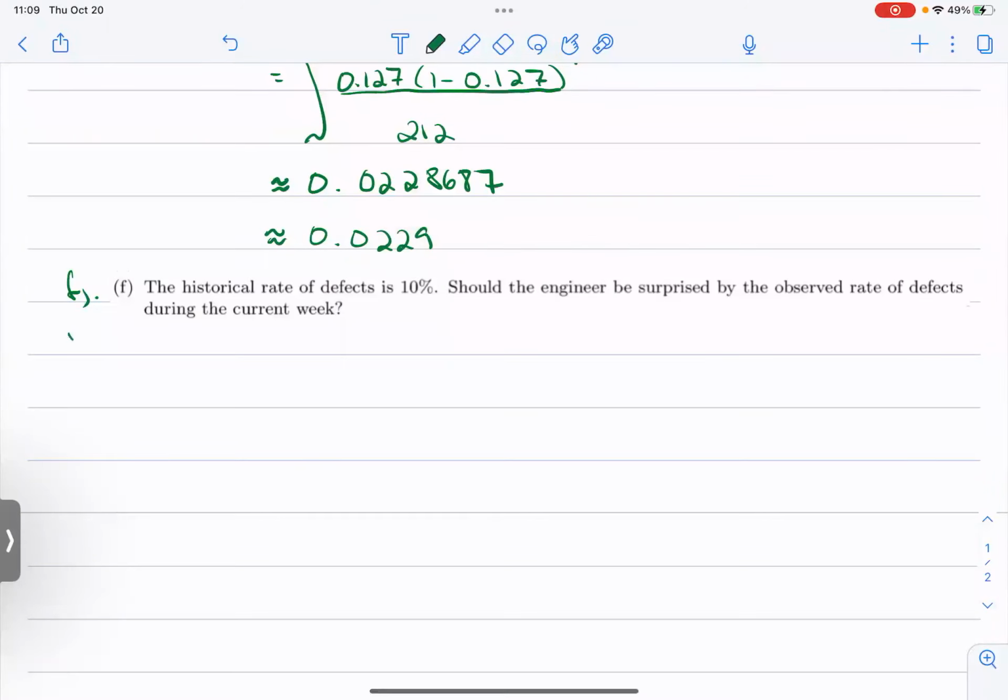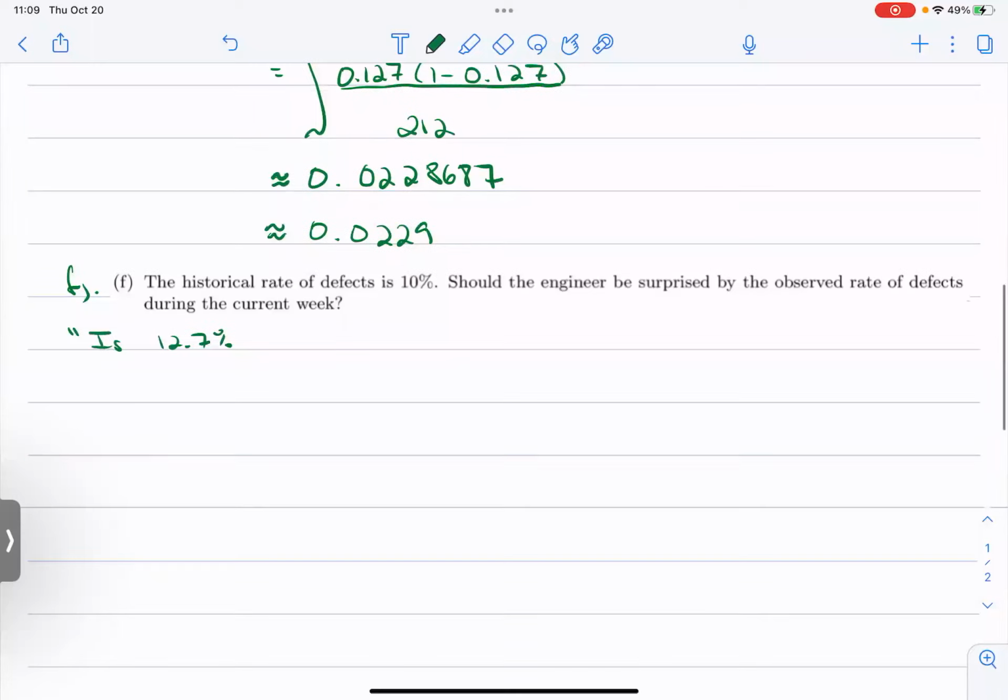Okay, so really what this is asking is: is 12.7% extreme compared to 10%? How we measure if something is extreme is through a standardized score.